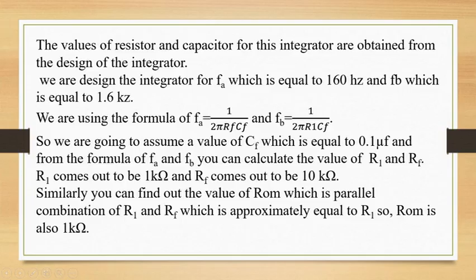So we are going to assume a value of CF, which is equal to 0.1 microfarad, and from the formula of FA and FB, you can calculate the values of R1 and RF. R1 comes out to be 1 kilo ohm and RF comes out to be 10 kilo ohms. Similarly, you can find out the value of ROM, which is parallel combination of R1 and RF, which is approximately equal to R1. So ROM is also 1 kilo ohm.